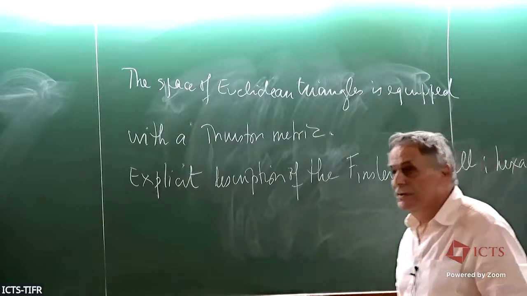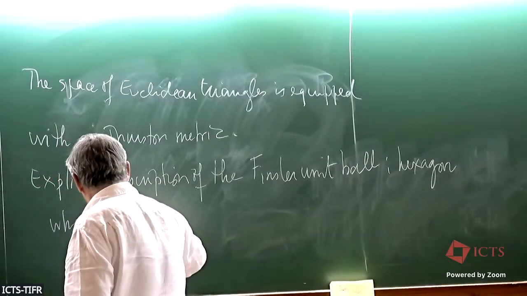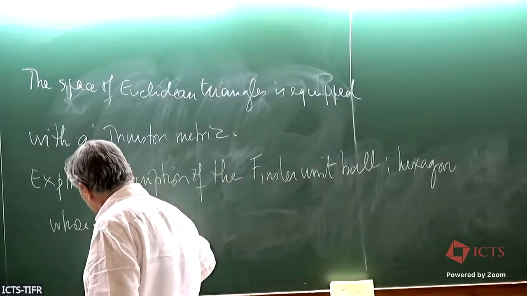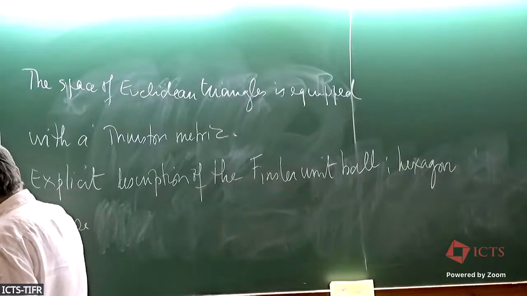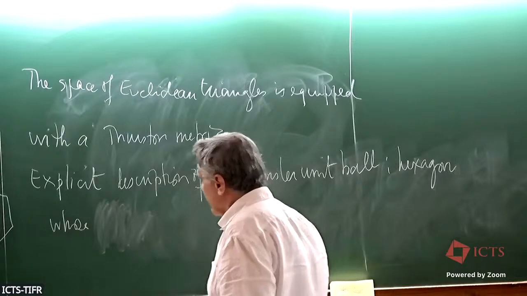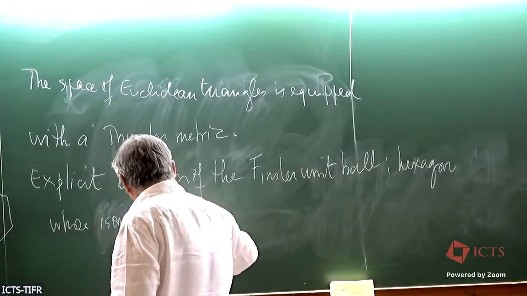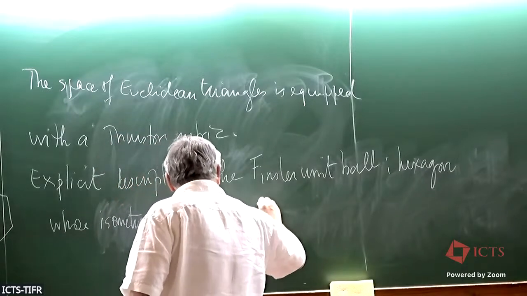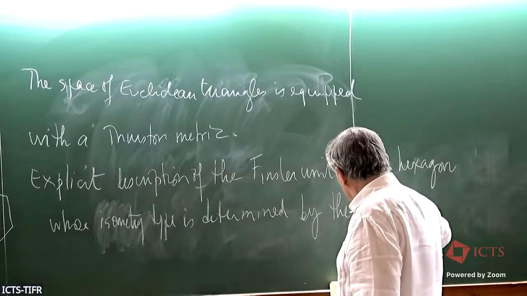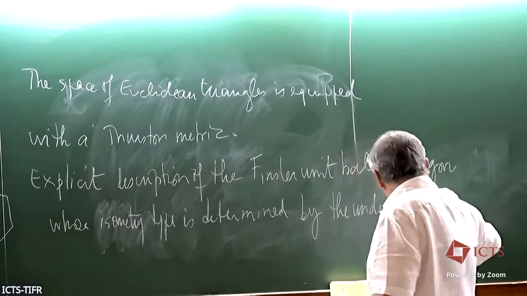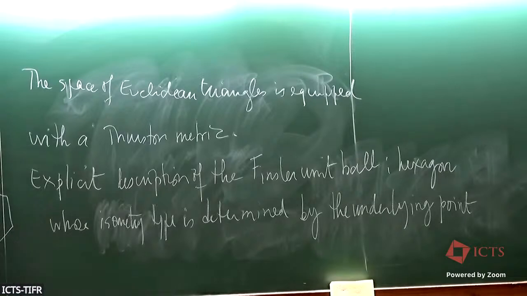It's a hexagon whose shape, I mean not only the shape, whose isometry type, is determined by the underlying point in the space.